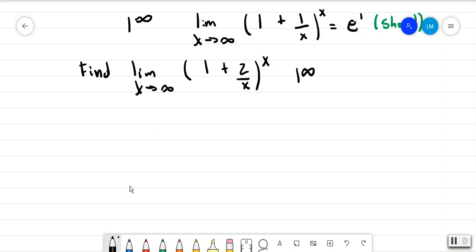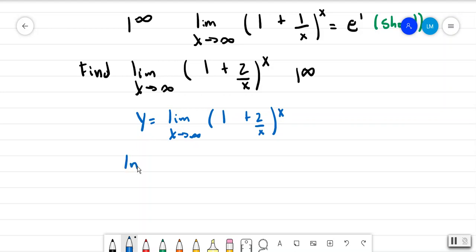Well, let's say that we let y equal the limit as x approaches infinity of (1 plus 2 over x) raised to the x. In this case, we can take the natural log. So we have natural log of y equals, and now here's where it gets a little interesting.